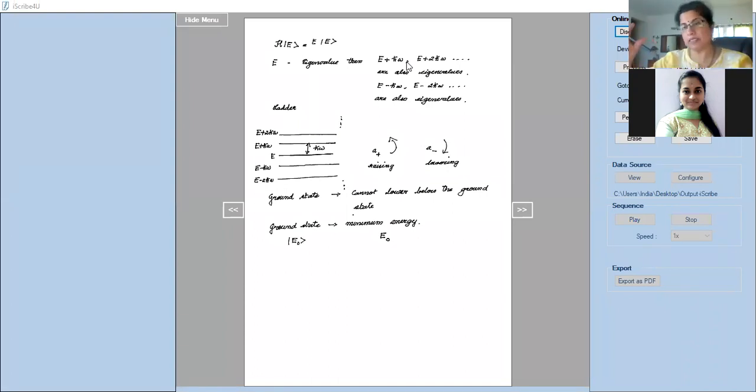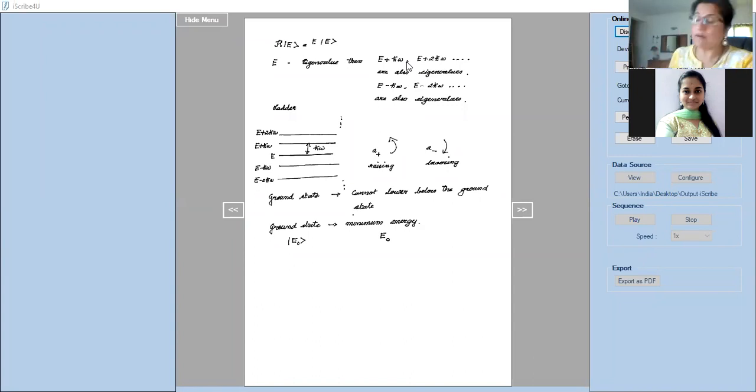Everybody agrees that there is a minimum energy which we are calling E0, and the ground state is the state which has that particular energy. It's an eigenstate of the Hamiltonian, an energy eigenstate associated with the minimal energy.